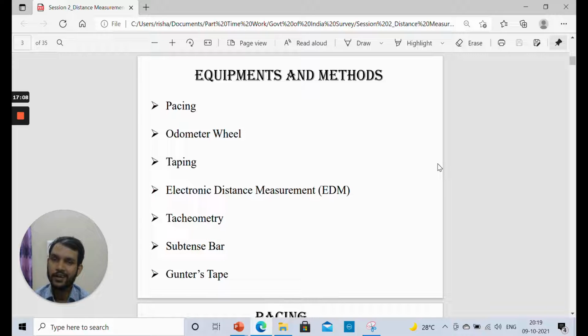That 100 is known as the multiplication factor. Mostly it is kept as 100, but at times it may be different. You will get this multiplication factor with the tachymetry device that you are using. So you just need to measure the staff intercept and multiply it by that multiplication factor, and if there is any additive factor, we add that also.